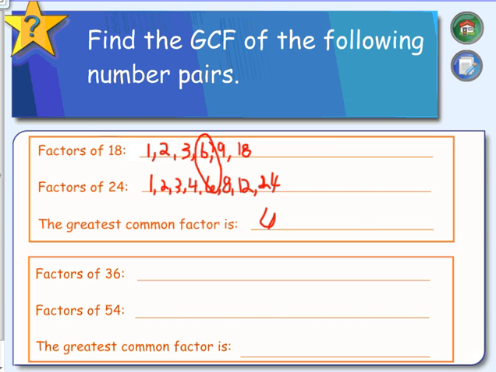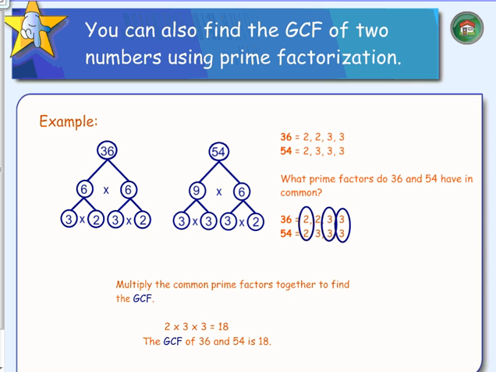All right. The other method, and the reason I started this lesson off with talking about prime factorization, is you can actually use those factor trees to find the greatest common factor. This is just another option for you if you don't like listing out all of the factors.